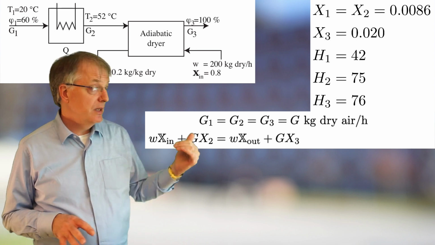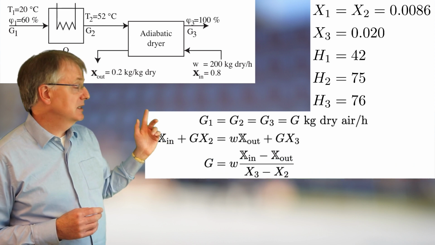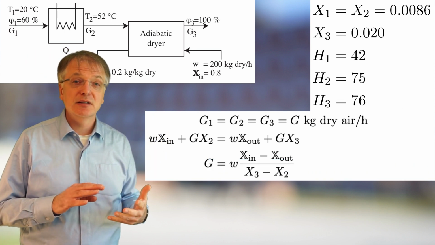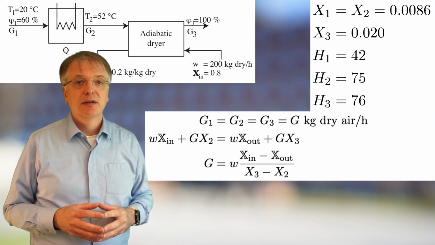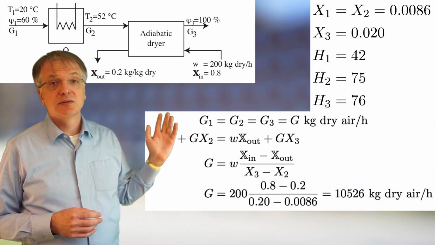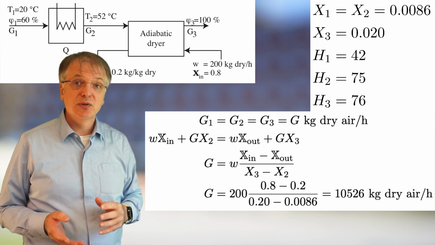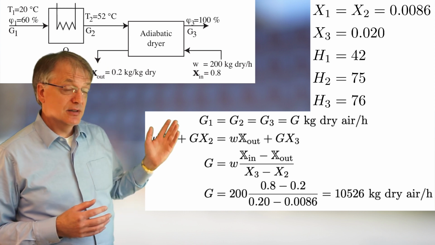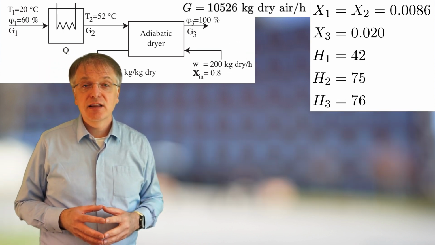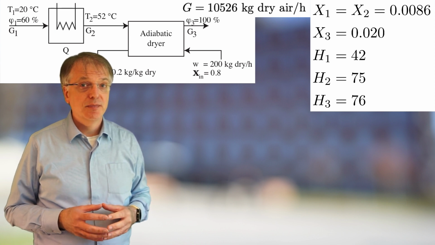Our only unknown in this equation is the airflow G, and we get G equals W times X in minus X out divided with X3 minus X2. So 200 times 0.8 minus 0.2 divided with 0.02 minus 0.0086, which gives us G as 10,526 kg dry air per hour.